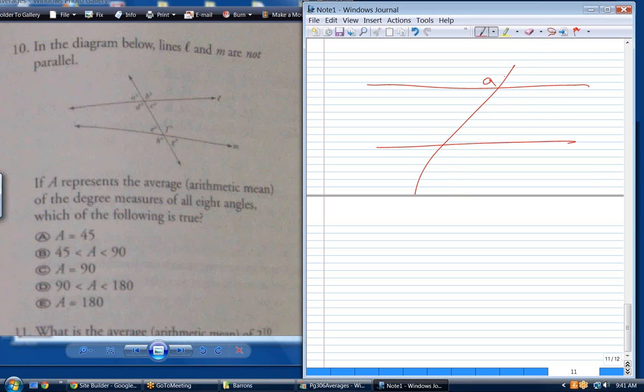You create a big one and a little one. And every other angle created is either A or B. There's the little one, here's a little one, here's a little one, here's a big one. And what else do we know? We know that A and B are supplementary. Correct. That's what you have to know about parallel lines.